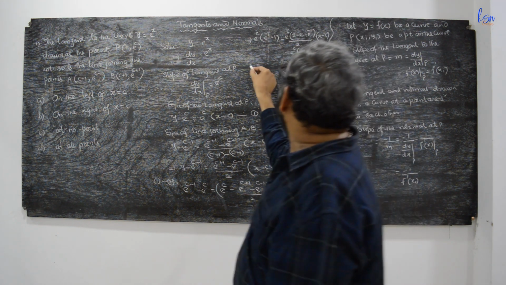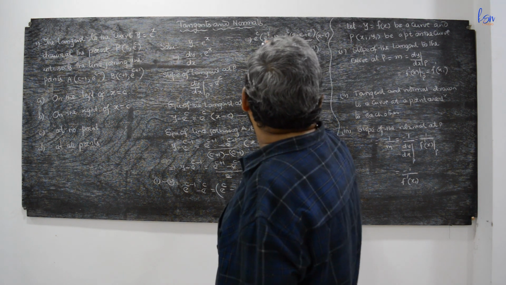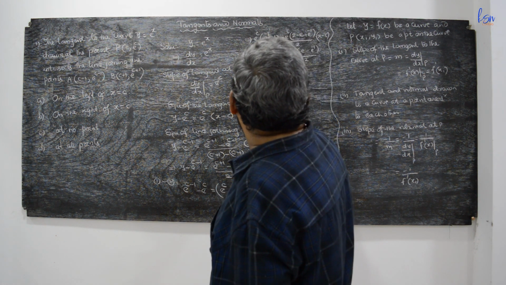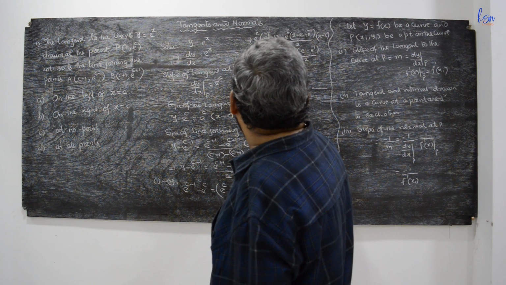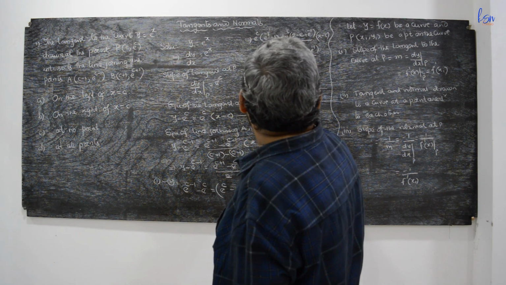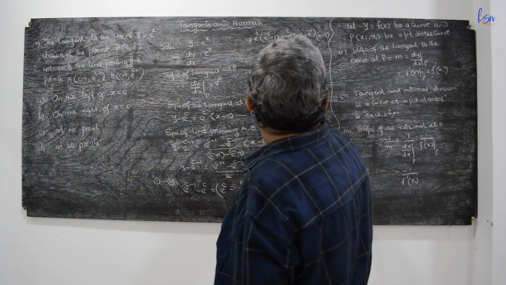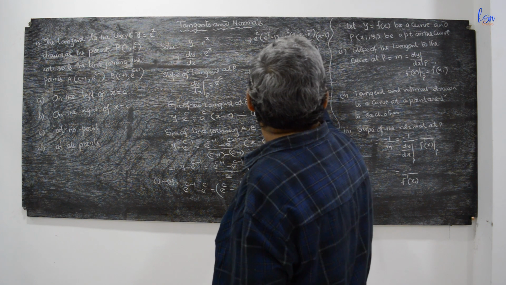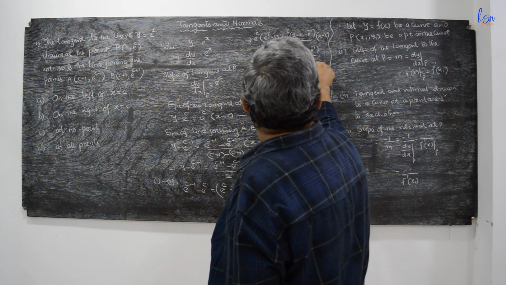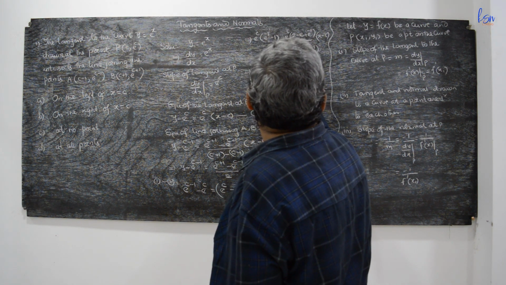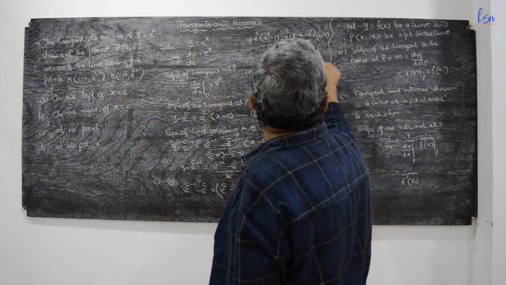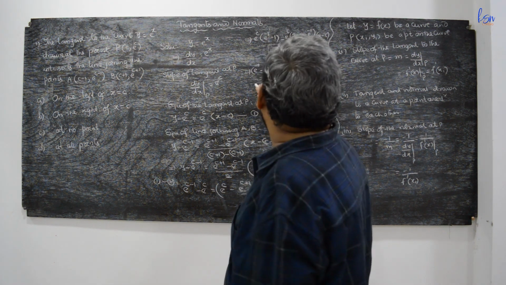You can cancel e power c everywhere. You will have e power minus 1 minus 1 plus (e minus e power minus 1) by 2 is equal to (2 minus e plus e power minus 1) by 2 into (x minus c).